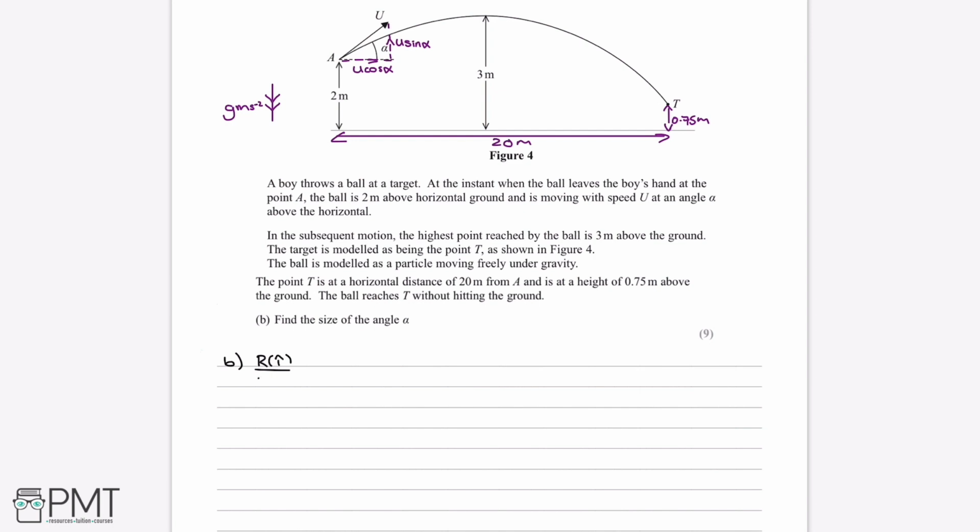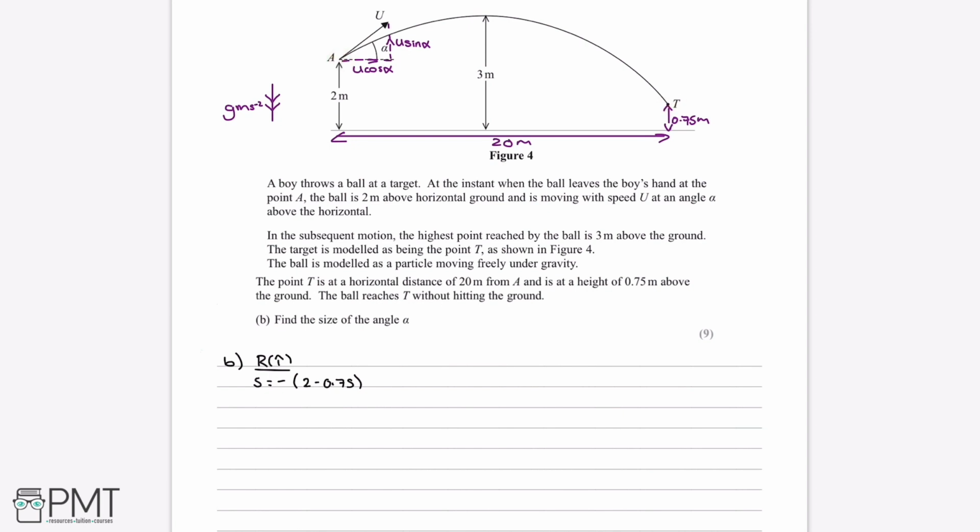The displacement between A and T is going to be negative, because we've gone down from being 2 metres above the ground to only 0.75 metres above the ground. That displacement is negative of 2 minus 0.75, because that's the difference between point A and point T.